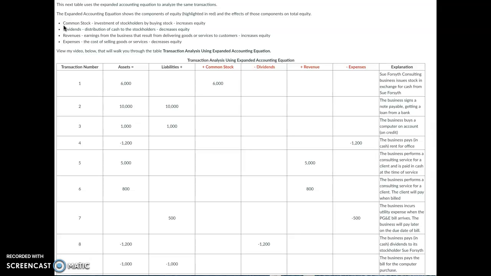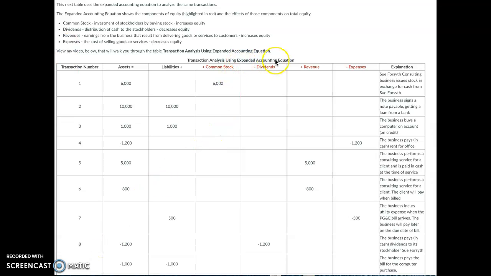Dividends is a distribution of cash or other assets to the stockholders. It decreases equity. Revenues are earnings from the business that result from delivering goods or services to customers. Revenues increase equity. And expenses, the cost of selling goods or services, decrease equity.